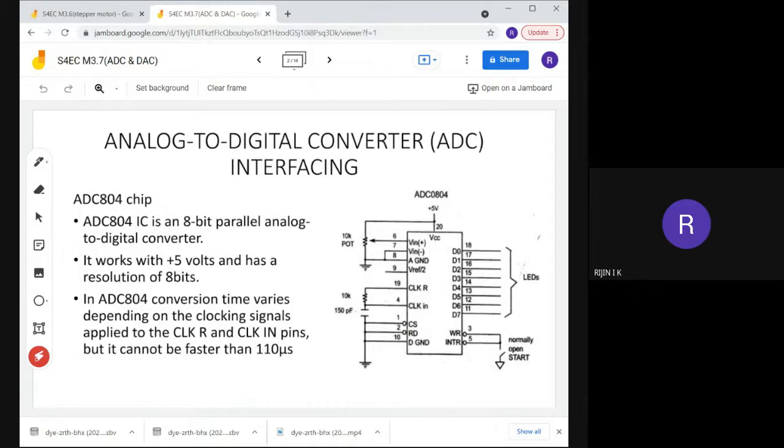Once the analog to digital conversion is done, to read the data from the ADC to the microcontroller, we will use this pin. After completing the conversion, if the microcontroller wants to read the values, the microcontroller will give an active low signal.